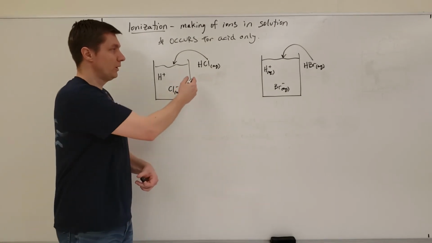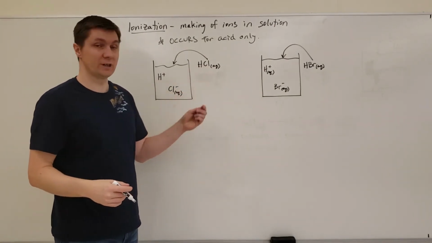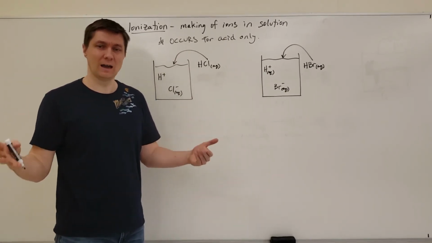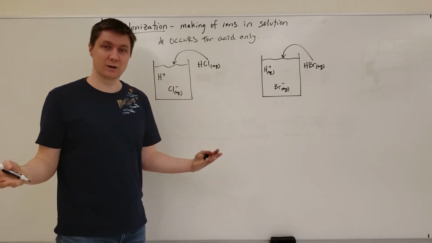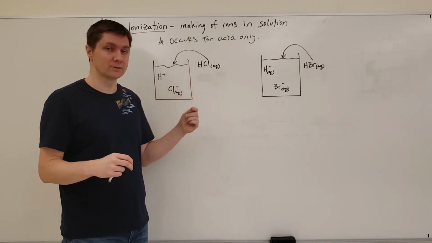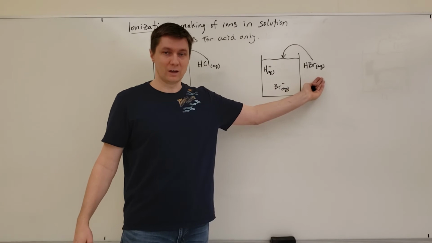If you remember from the bonding unit, these are covalent bonds. These electrons are being shared. There may be partial negatives and partial positives, but we don't consider those to be ions. These are covalent bonds with shared electrons, and so the atoms in these compounds are not ions. Therefore, these compounds are not made of ions.